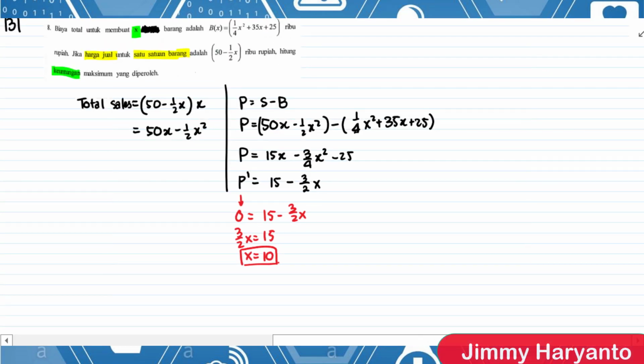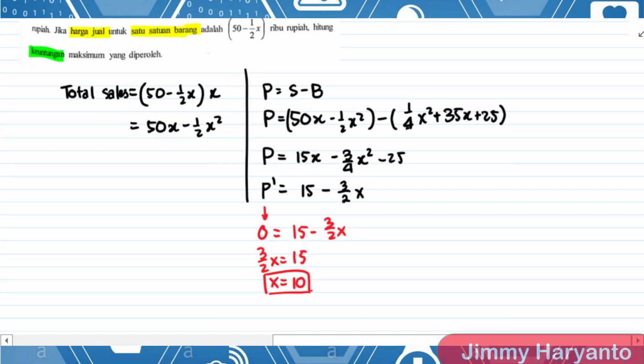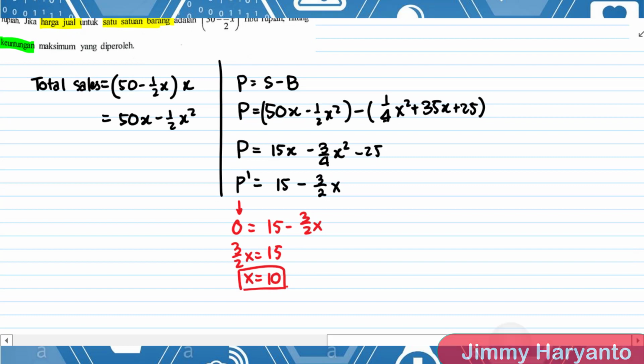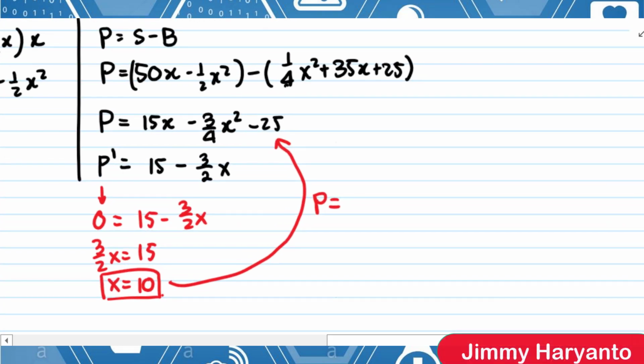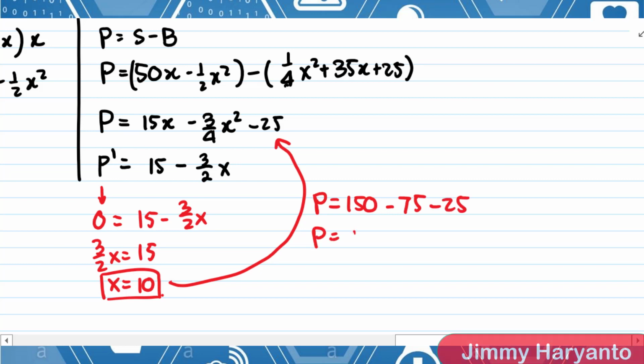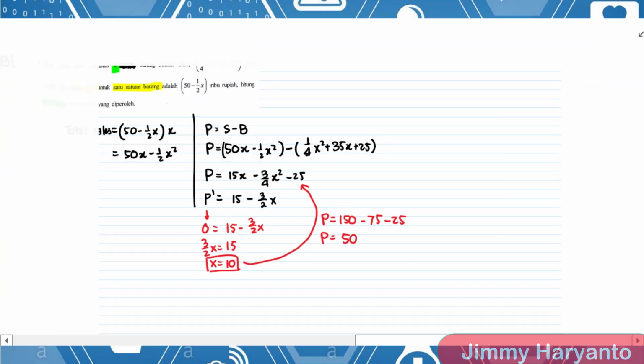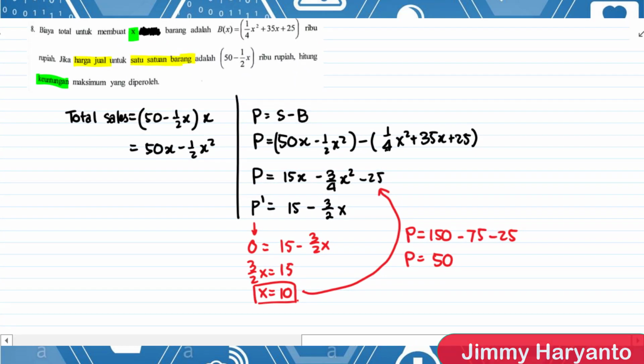Okay, but the question wants you to find the keuntungan maksimum, so you have to put it into the profit equation. So you will have 150 minus 125, 75 minus 25, yeah. So the P will be 50. And that is the keuntungan maksimum.